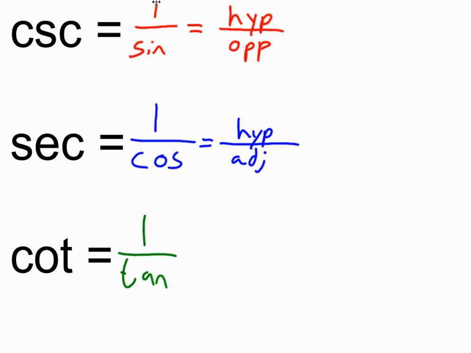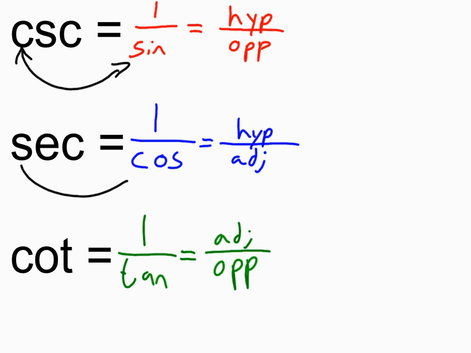And then also reciprocate our tangent. So cotangent is the reciprocal of tangent. Well, tangent was opposite over adjacent, so cotangent is adjacent over opposite. I think cotangent and tangent are pretty easy to remember. How I always remember the reciprocal functions is a C goes to an S, and the S goes to a C. So when you reciprocate, the first letters change.